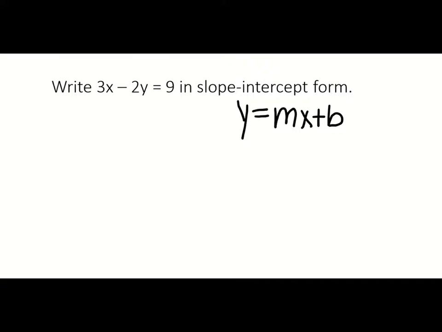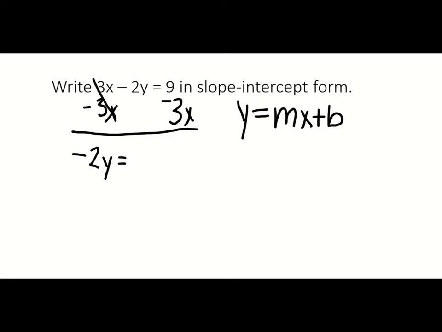So what we want to do first is get rid of the 3x. So right now it's a positive 3x. So I'm going to do the opposite and subtract 3x from both sides of my equation. That's going to leave me with negative 2y on the left.